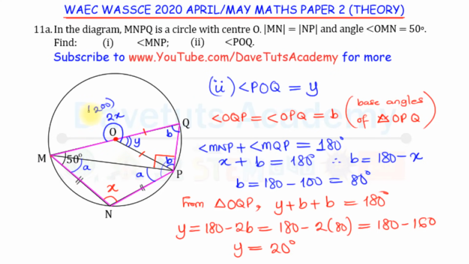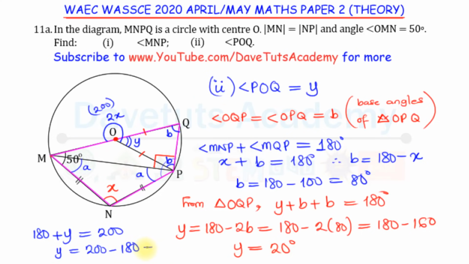Now, that 200 that we just got, we can see that it is the angle on the straight line MQ, which is 180, plus this Y, that is giving us this particular 200 degrees that we got as 2x. And if that is the case, you can say that Y is nothing but 200 minus 180. And look at it.